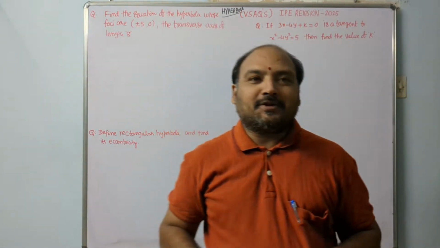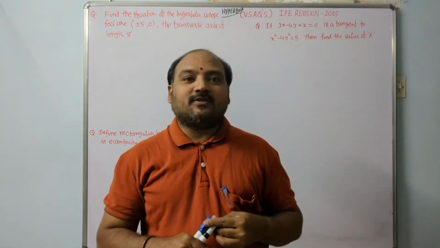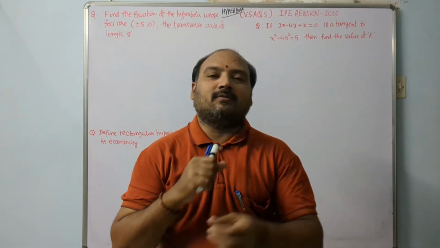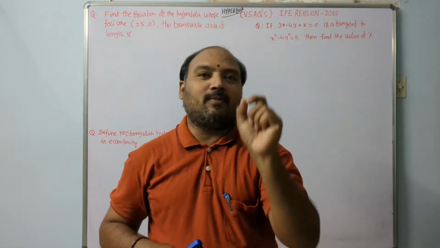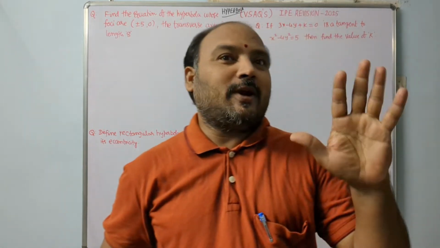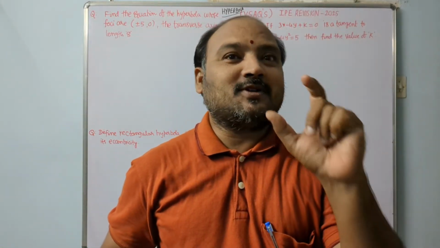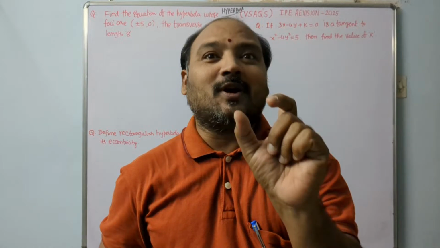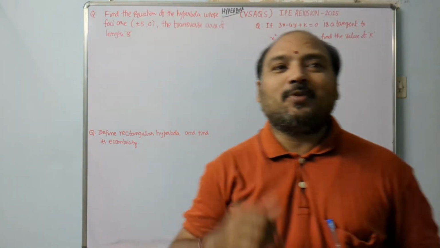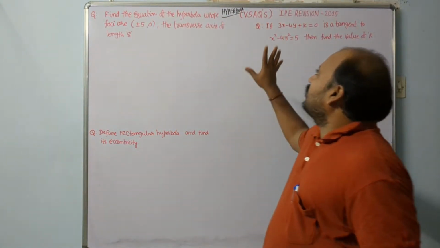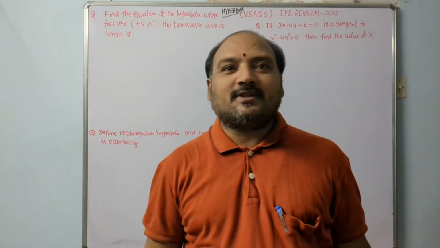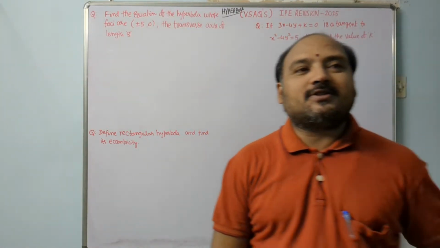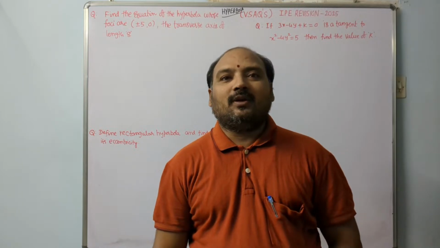I hope everyone understands. VSAQs are very important. Why? They are 2 marks, but very effective. If a student got 25 marks, to get the pass mark of 27, you need the 2 marks also, dear students. So, in this session, we are going to discuss hyperbola 2 marks questions. Okay, let us have a discussion.